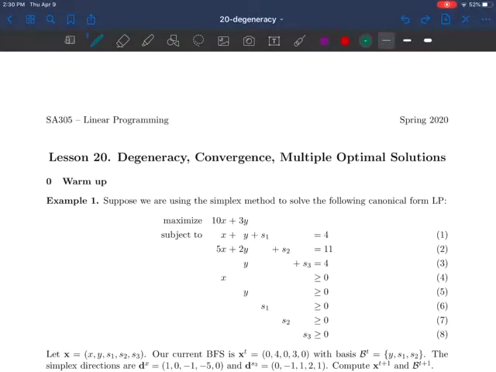Up until this point, we've been talking about the simplex method. This week, you've run the full simplex method. We have not addressed two key questions. The first question is, does the simplex method always stop?